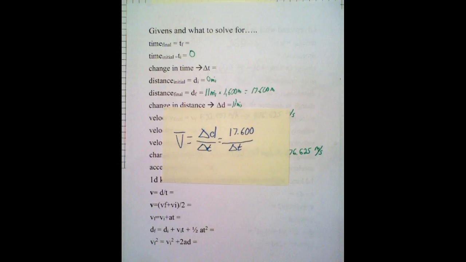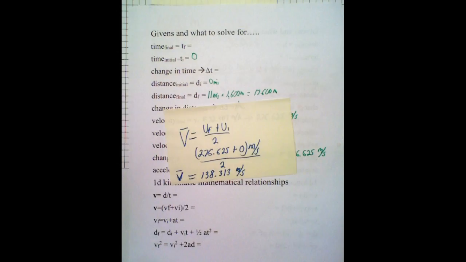Well, I can use that velocity final plus initial over 2 is the average, so plug in the 276.625 plus the 0 meters per second, divide by 2.